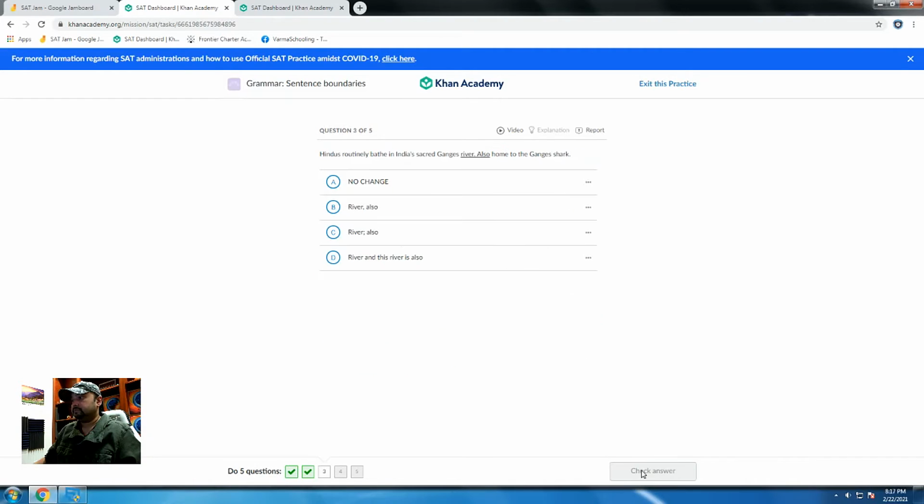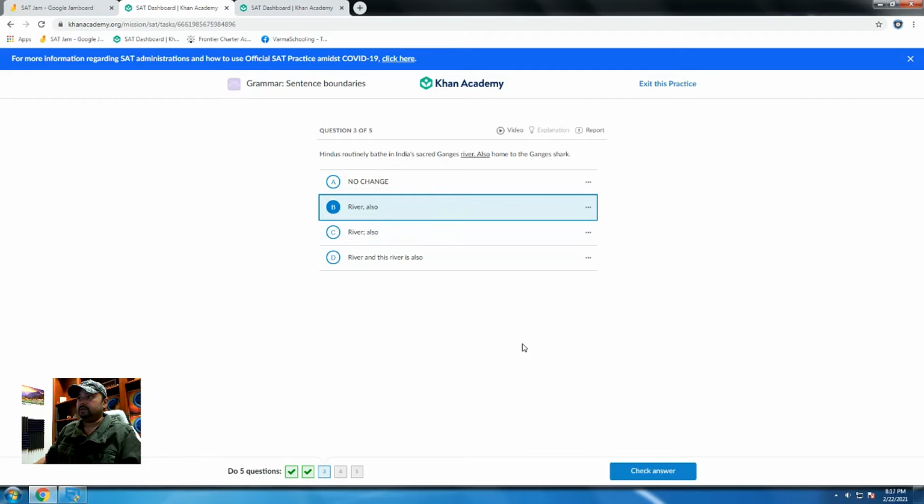Okay, this one is tricky. "Hindus routinely bathe in India's sacred Ganges River, also home to the Ganges shark." So this looks like an extra detail, a great place to use a dash, but a dash and comma can be interchanged in a way.